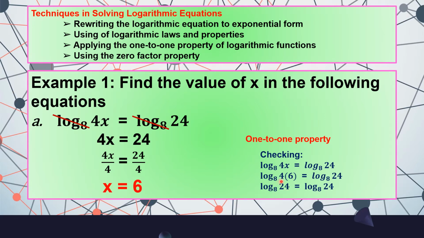Why? 4 times 6 equals 24. Then we have here, just copy logarithm of 24 with base 8. So as you can see, they are equal. Both on the left side and right side of the equation is logarithm of 24 with base 8.